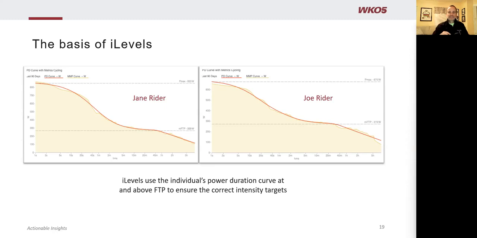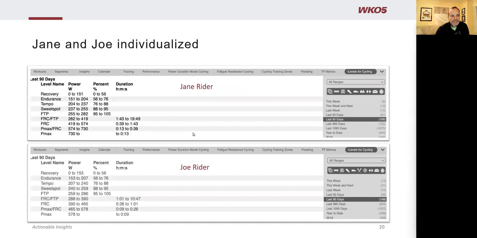We've had iLevels out there for 5 or 6 years now, and I still see this confusion. iLevels use each athlete's entire curve. It's not just picking an FTP point and saying, here's a percentage, even though it does do that at aerobic and below. I'll explain that in a moment. But it's using the entire power duration curve so we can specifically target intensities. So let's take a look at what that actually means here.